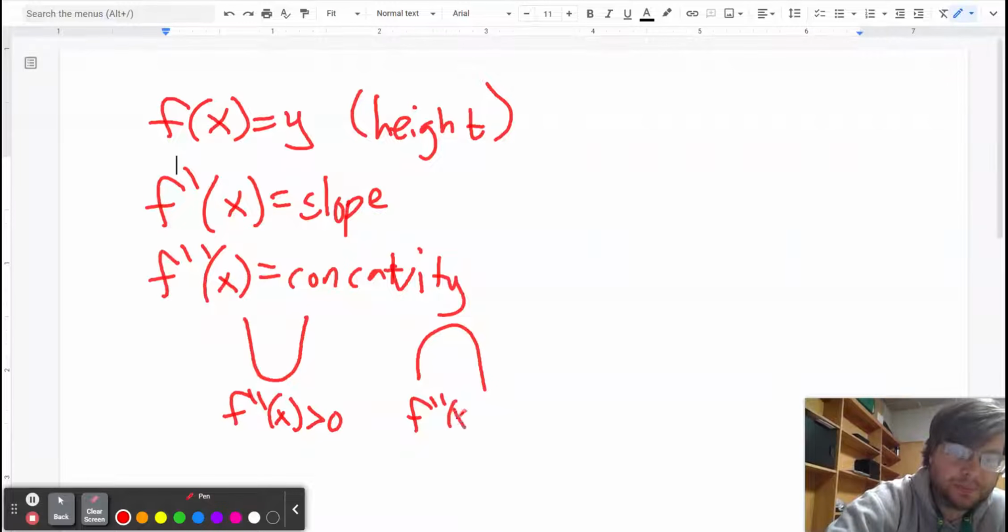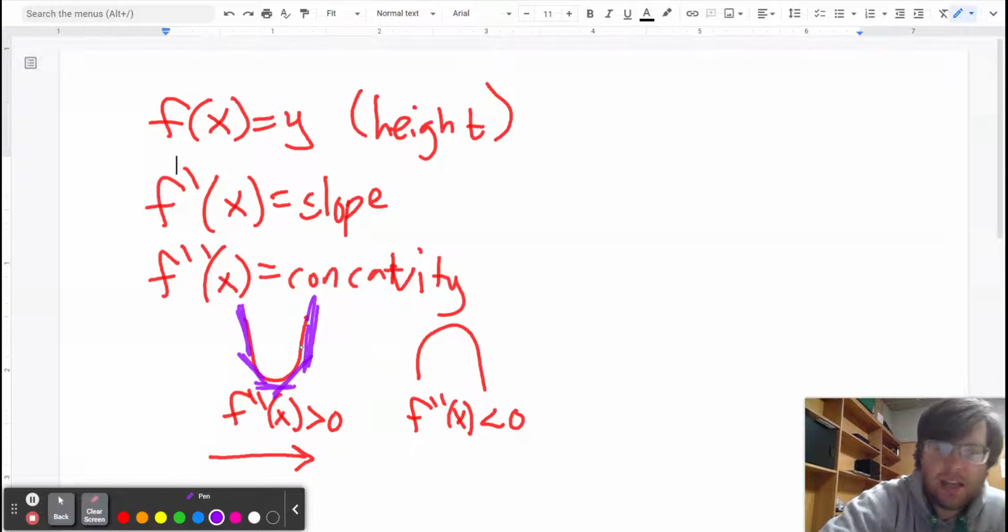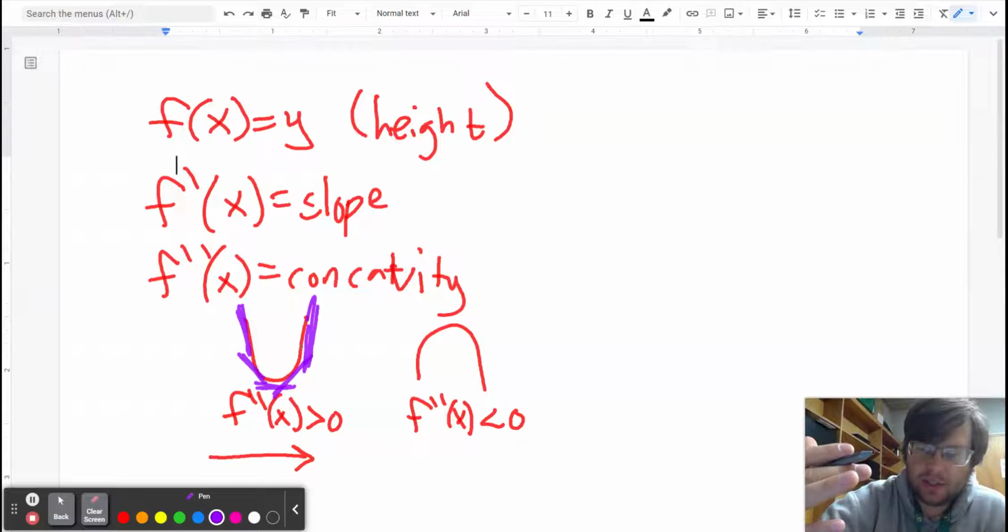And the idea here is that as I move from left to right along a smiley face, my derivatives are steep negative, flatter negative, 0, flat positive, and then steep positive. My derivative is increasing.